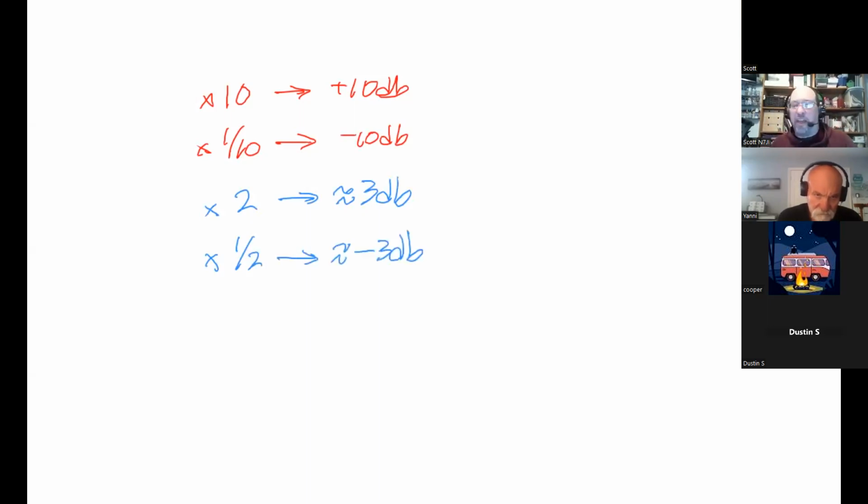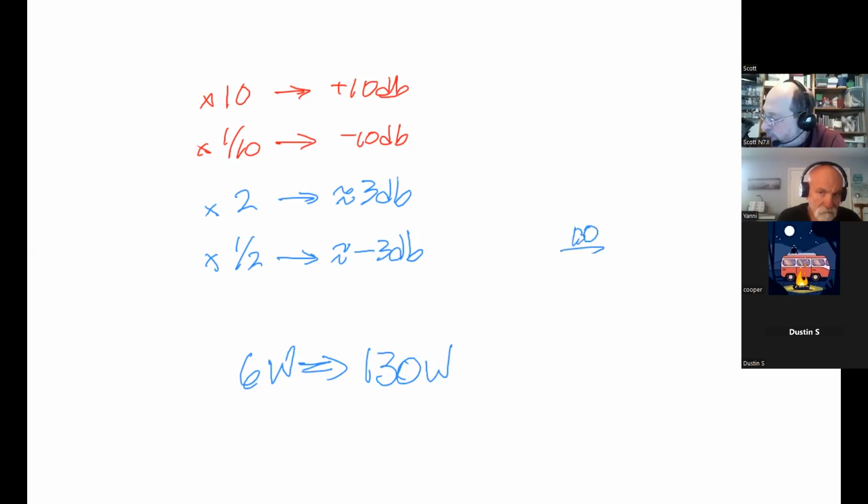And the nice thing is that almost anything you can find, you can do this the exact same way. So let's say that I started at a power of 6 watts and I ended up at 130 watts. All right, we're not going to get an exact answer, but what's the ratio of 130 divided by 6?